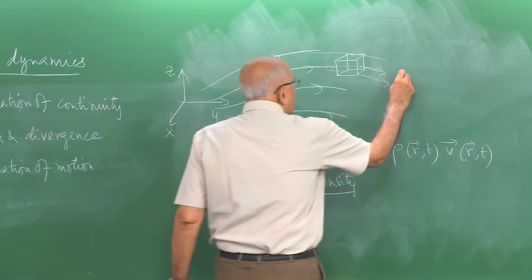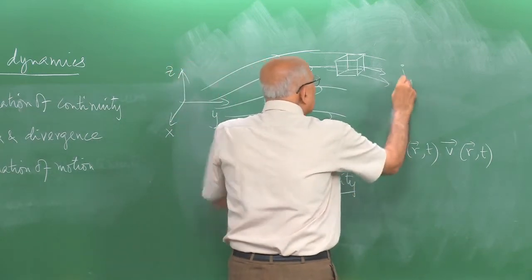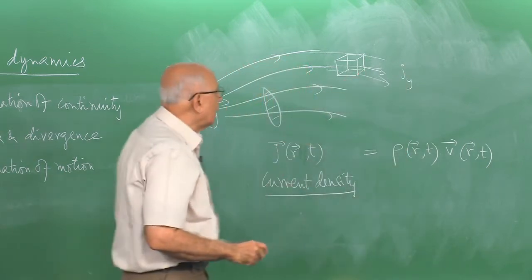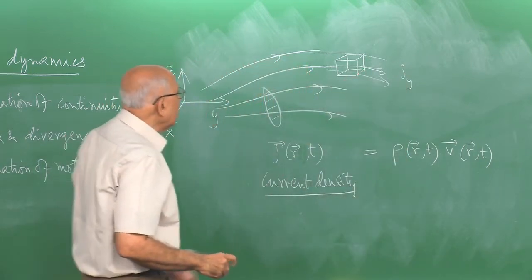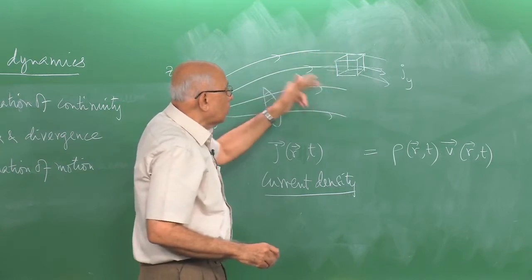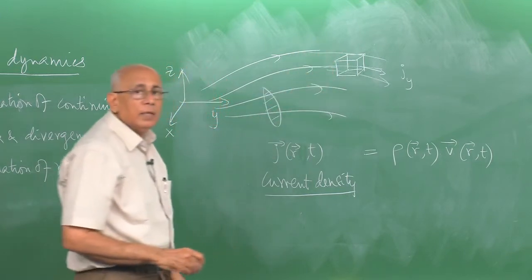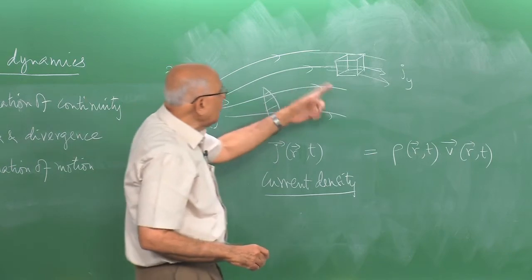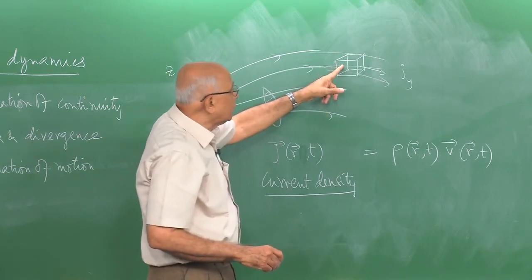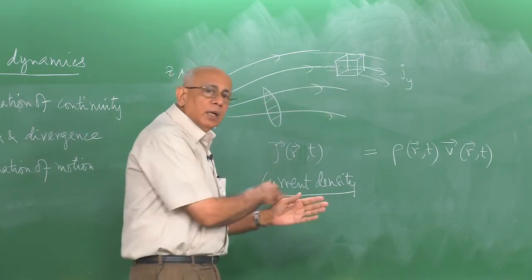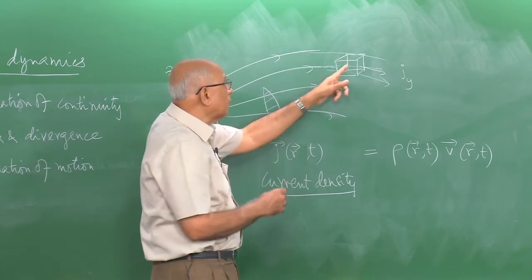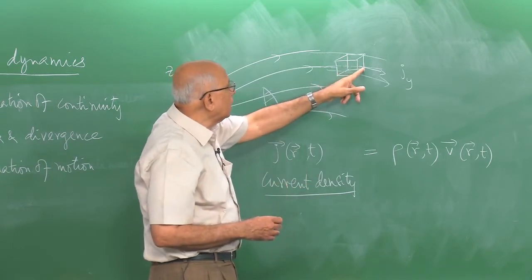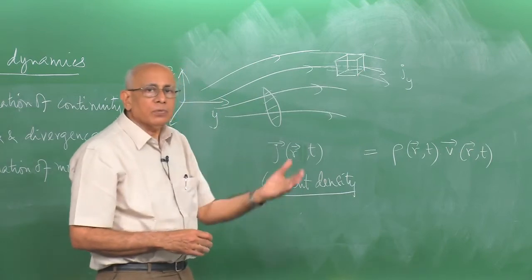So, the current component Jy is what is going to play a role here. Similarly, across the other two faces it is going to be Jx and Jz. Now, what is coming in here is Jy at a point dy over 2 to the left of (x, y, z), and here it is dy over 2 to the right of (x, y, z).